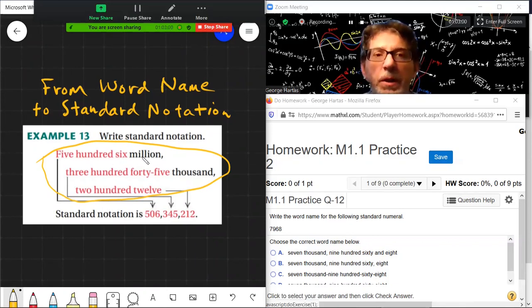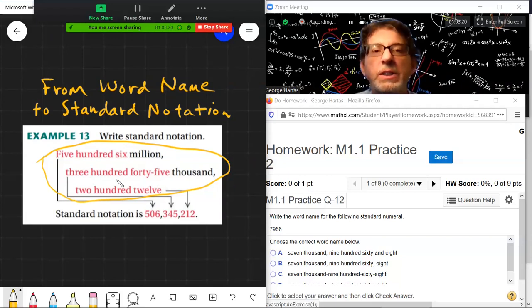506 million, right? So 506, comma goes there because it's the end of that period, the millions period. Then you start with the next part, 345. If you say it, it goes in your ear and it's easier to understand it and write it down.